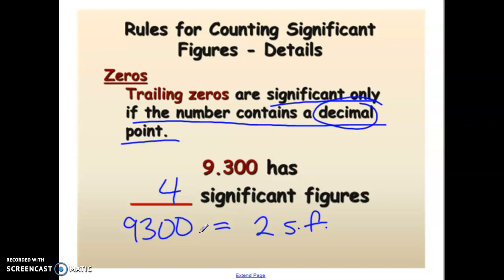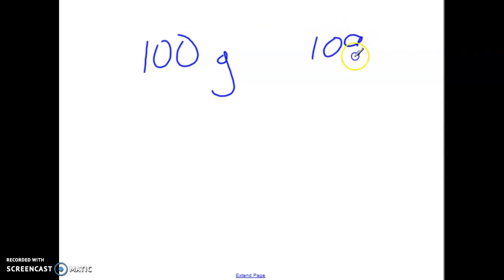Now, you're probably wondering why that is the case. Let's look at that a little bit further. If I have the number 100, so if I say something is 100 grams, this could actually be a rounded answer. Let's say that it was 109 grams, and we wanted to round it to the nearest hundred. That would actually round to 100 grams.